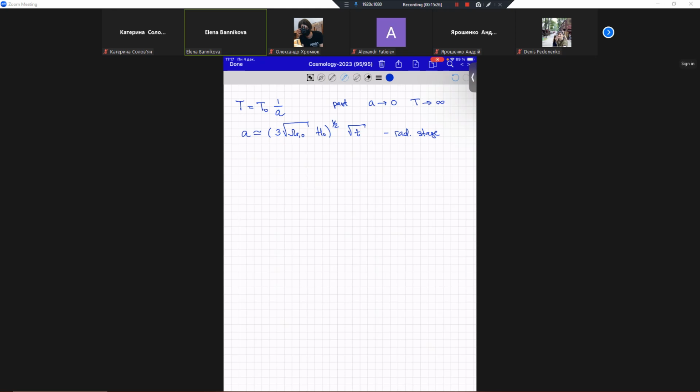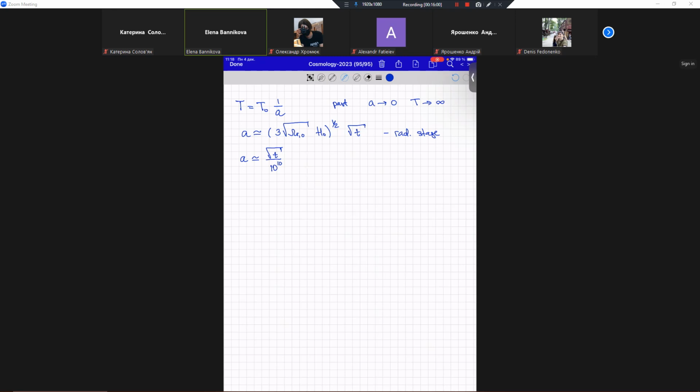Omega r0 and H0 are constants. If we put everything here, we will obtain that a is approximately proportional to the square root of t, with some number that doesn't matter.